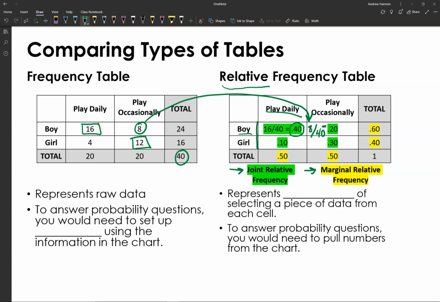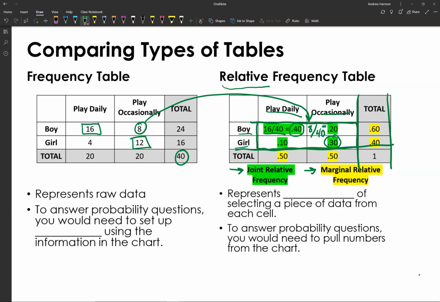The joint relative frequency is where the two categories overlap with each other. So boy overlaps with play daily to get that 16/40 or 0.40. Girl overlaps with play occasionally to get this 0.30. That's our joint frequency. And then the marginal, again, it's in the margins. It's in the outer portion of the table, just like on a sheet of paper you have margins.